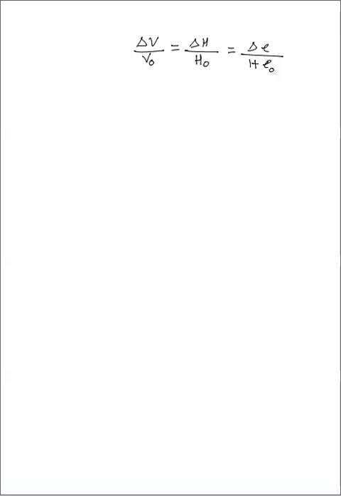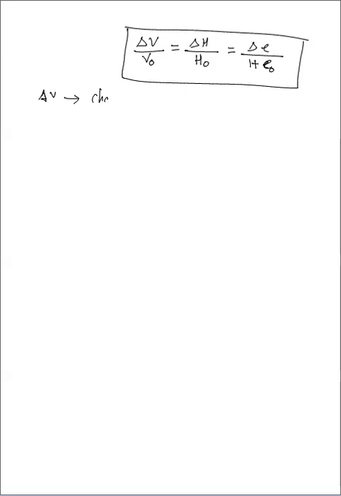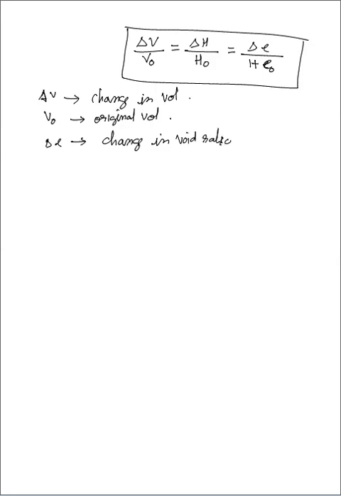So this is one of the basic formulas. Delta V is your change in volume, and V0 is original volume. Delta E is change in void ratio, and E0 is original void ratio.